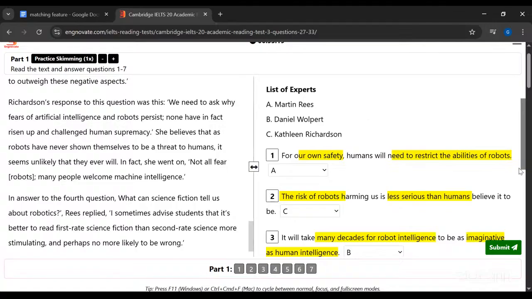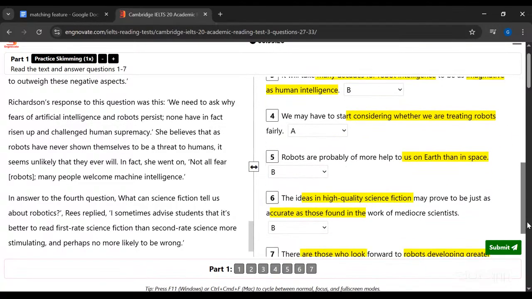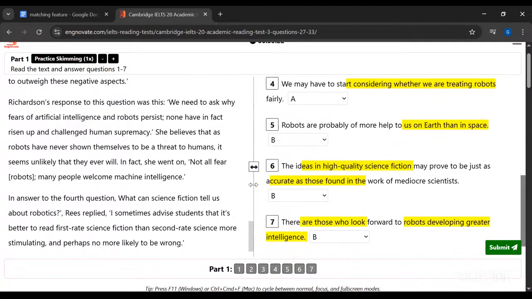Yeah, I think it's that. Yeah, the fiction is also mentioned. And I think this second-rate science means mediocre, am I right? Yeah, you mean to say.